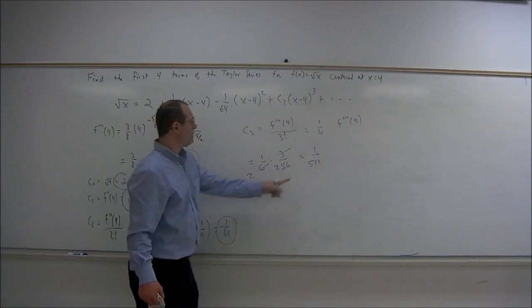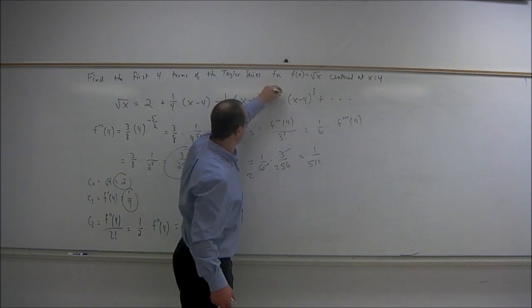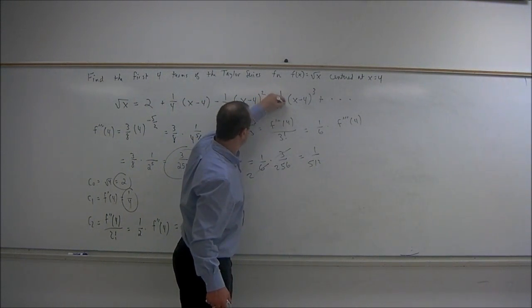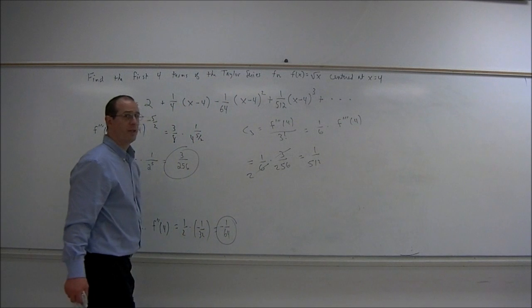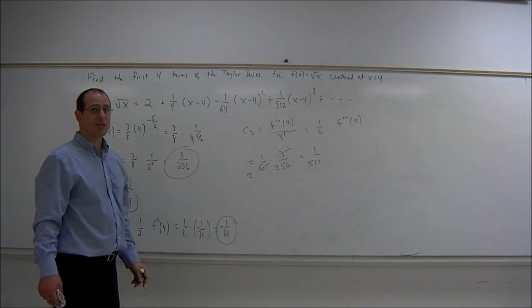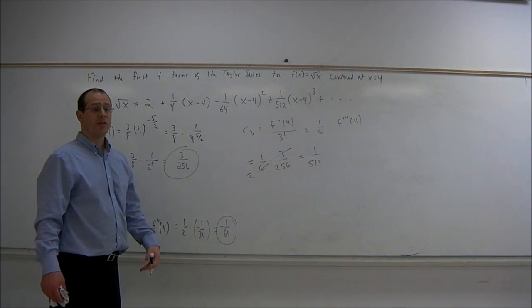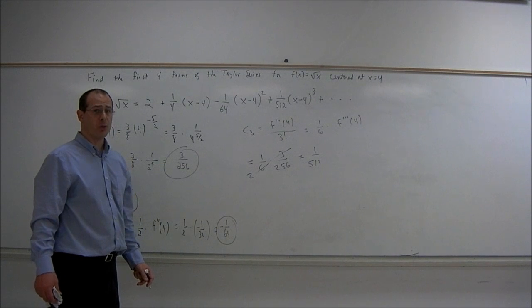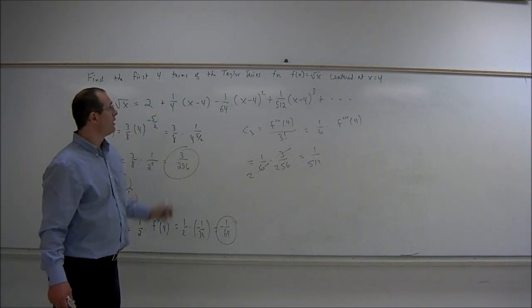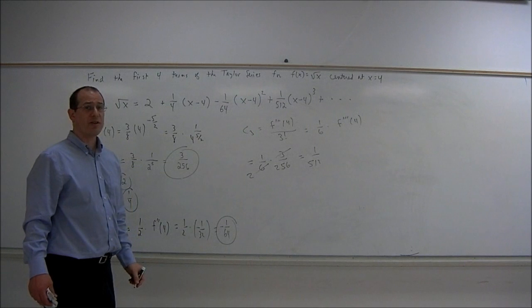And c3 is equal to 1 over 512. So there's a look at the first four terms of the Taylor series of f of x equals the square root of x centered at x equals 4.